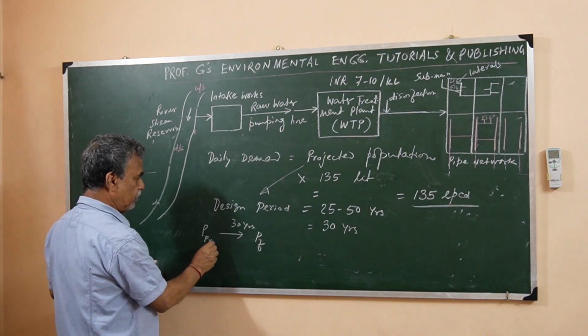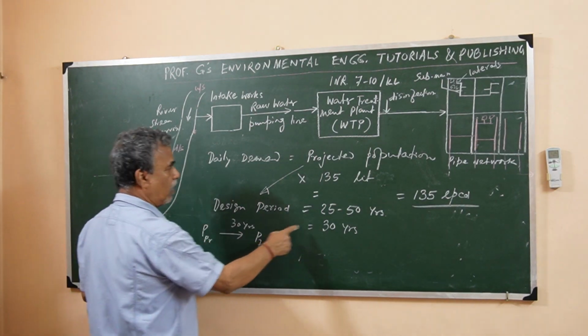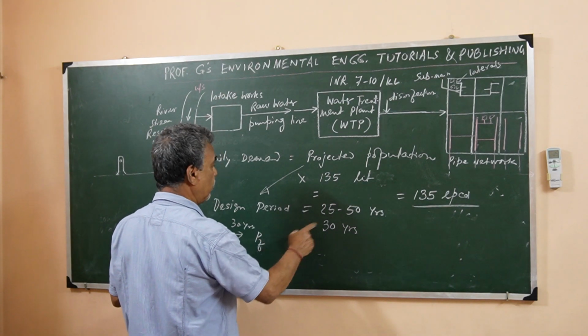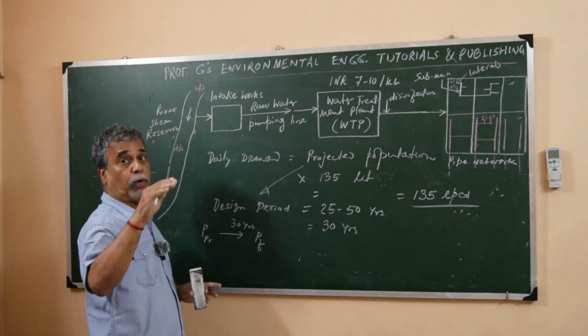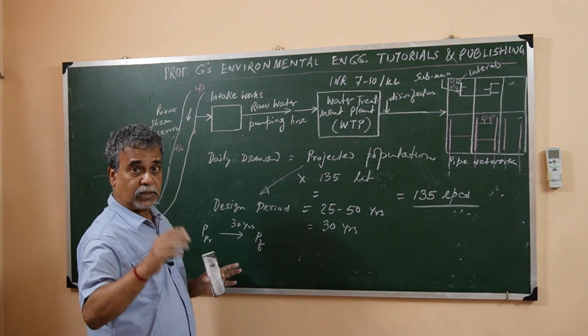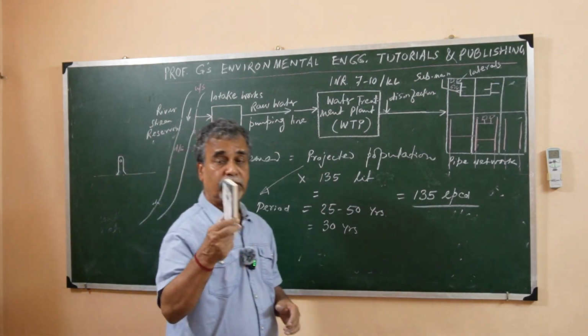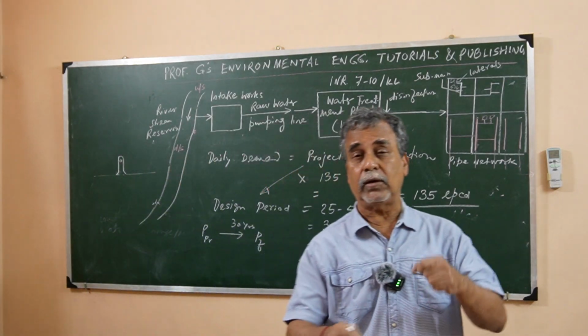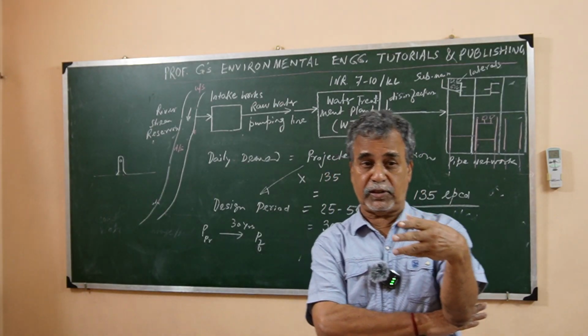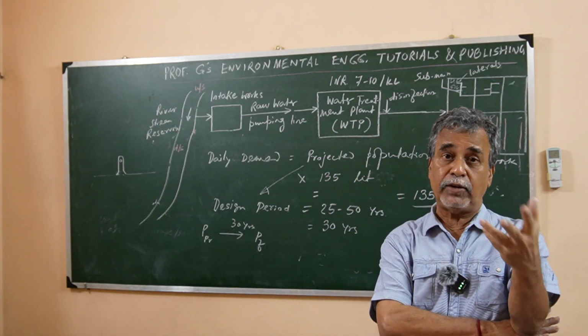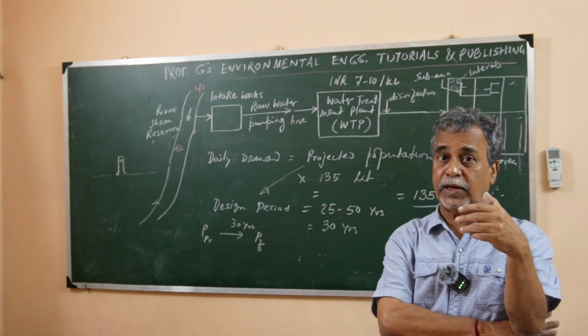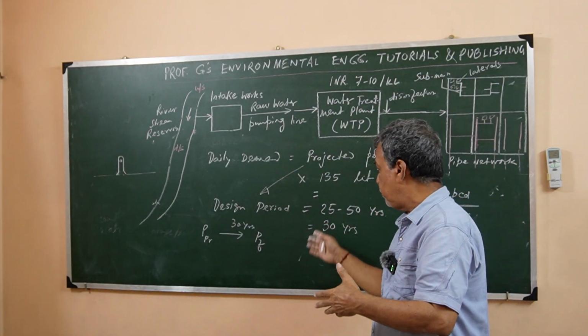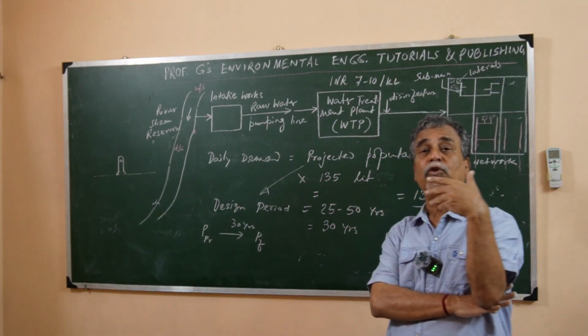This is the present and this is the future, that means after 30 years. So what would be the projected population? There are some methods, which we will discuss when we go into the details of the water supply system and its design.